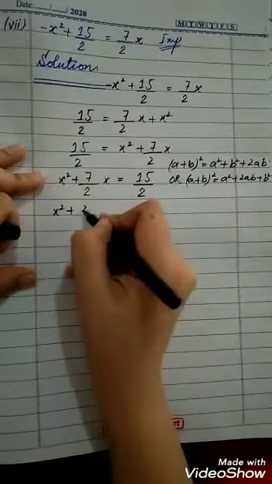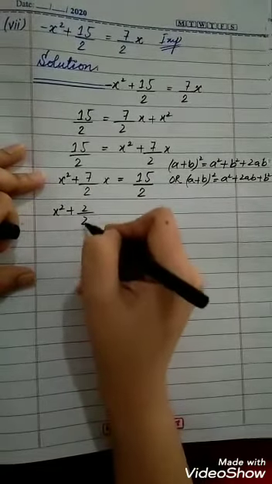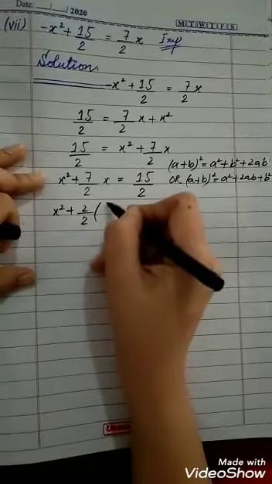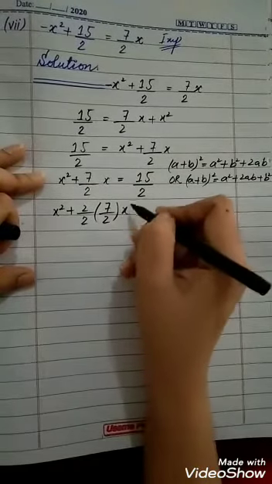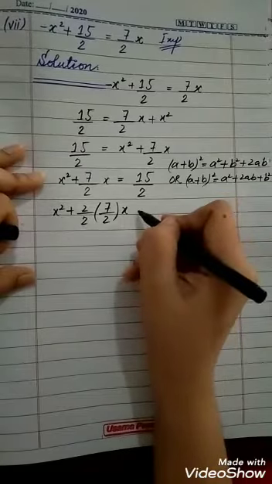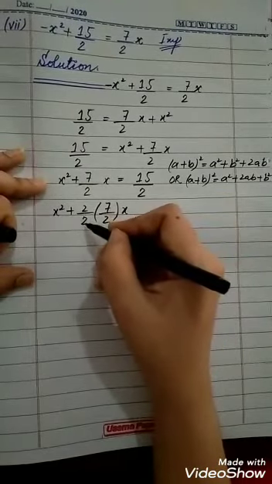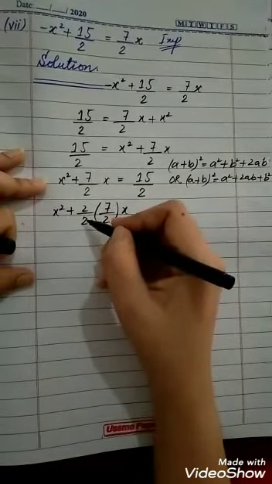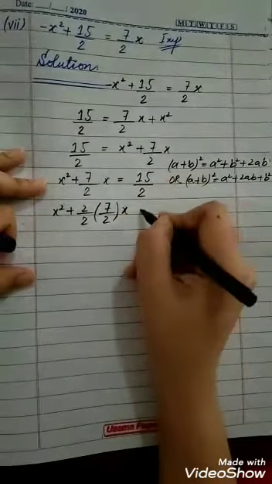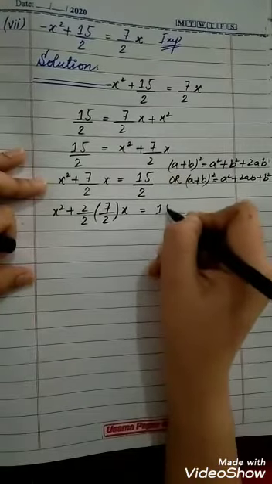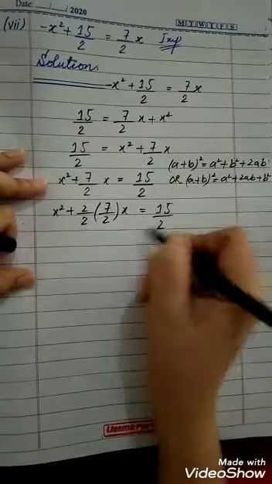So what to do? We have to multiply and divide the whole term by 2, as we have done with the same criteria in part 5. So we have multiplied it and divided it by 2. There is no effect on this term, because both will cancel each other. So it is equal to 15 by 2.